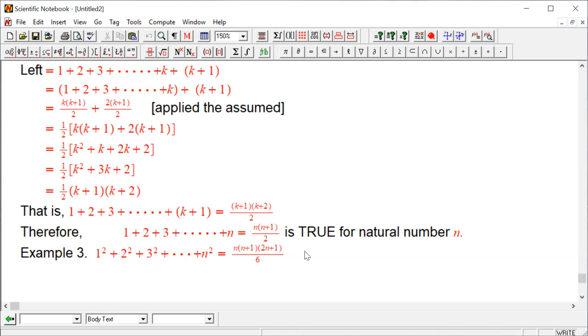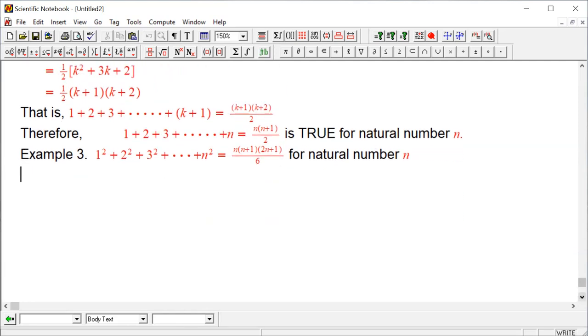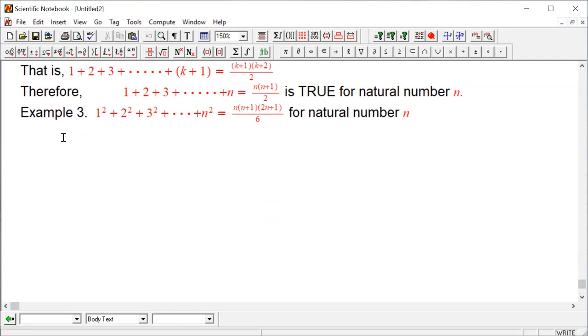And we want to prove that it is true for all natural numbers n. So we're going to use the mathematical induction method again.